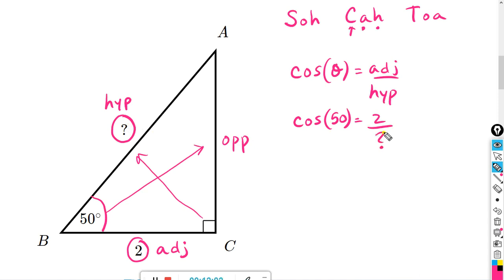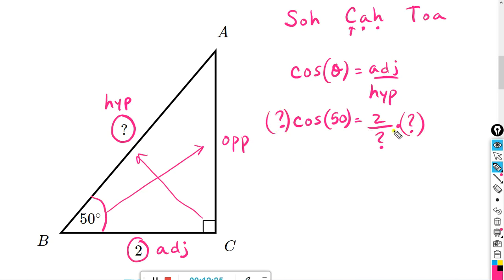So last time I cross multiplied. This time, I am going to multiply both sides by the question mark. So here we're dividing by the question mark. I'm going to multiply both sides by the question mark.